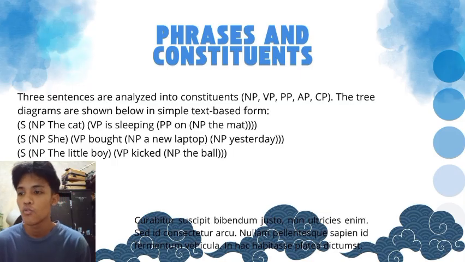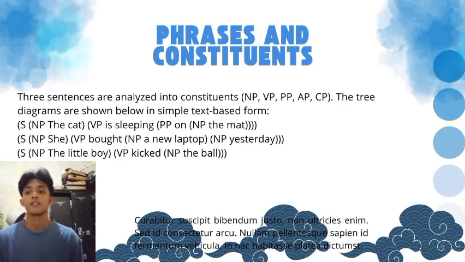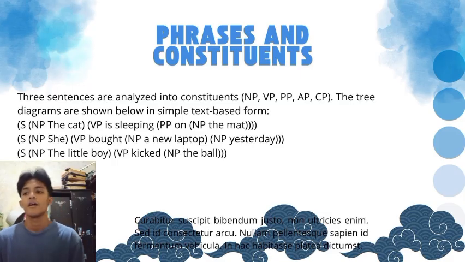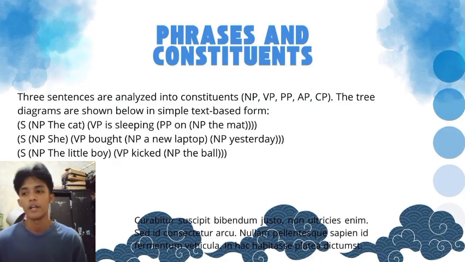Substitution clearly shows the noun phrases like the cat or the little boy can be replaced by pronouns, which proves they function as a single unit. So coordination also works effectively, especially with prepositional phrase and verb phrase. So it's showing that only constituents of the same type can be combined.